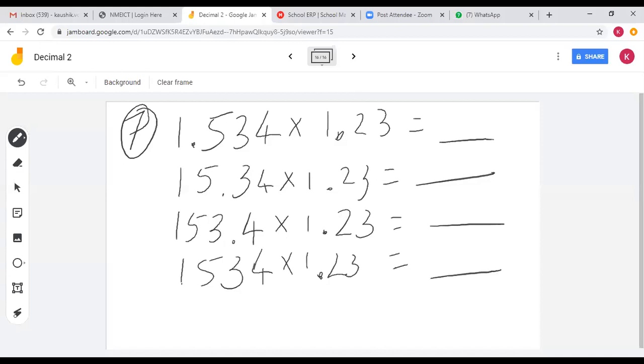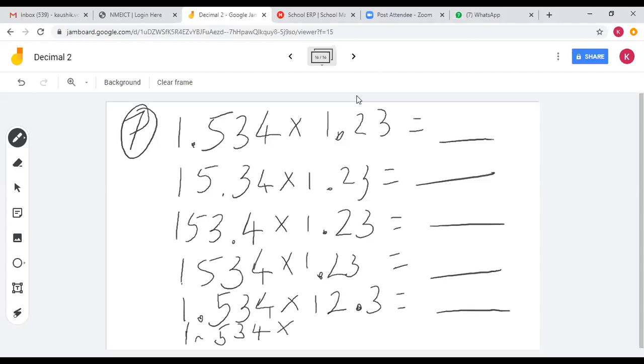Then 1.534 into 12.3 and 1.534 into 123.